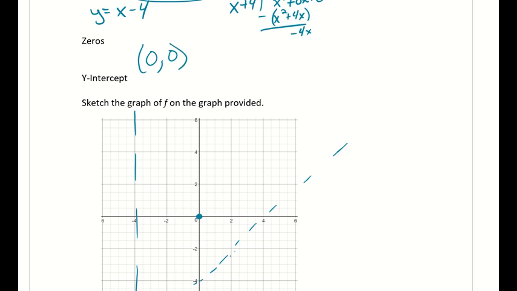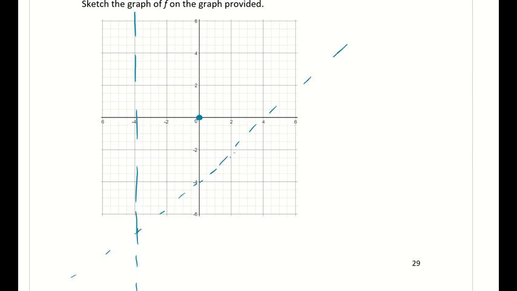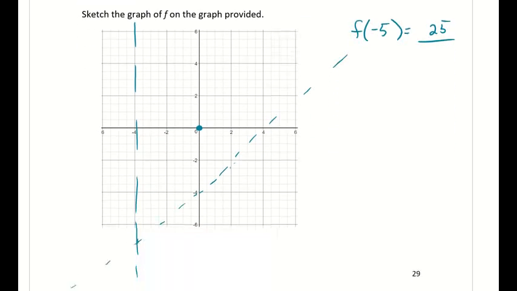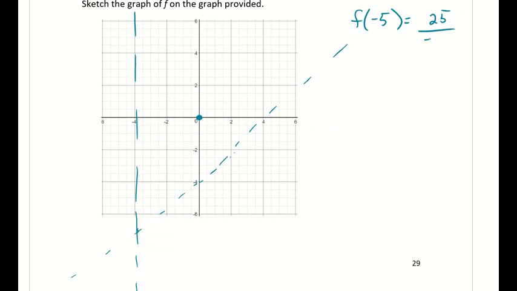We intersect the origin. Now, for this one, we need to substitute some other points in. So let's substitute in -5 to see what's going on in this interval. So we have -5 squared divided by -5 plus 4. -5 plus 4 is -1.